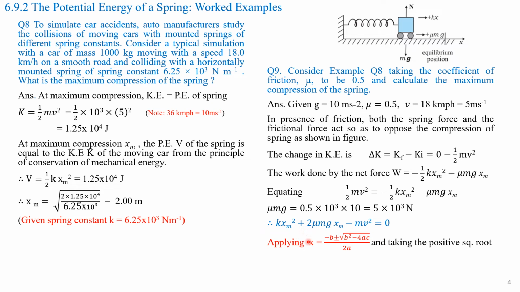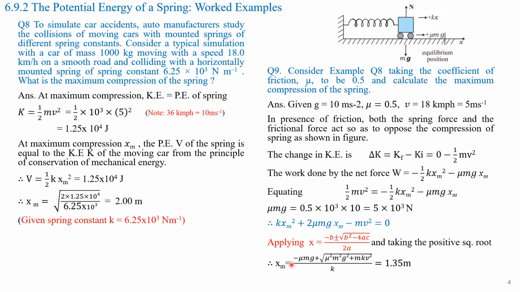Therefore, applying the formula x is equal to minus b plus or minus square root of b square minus 4ac, divided by 2a, where the equation form is a x square plus b x plus c, in this case we take only the positive value of the square root of b square minus 4ac.